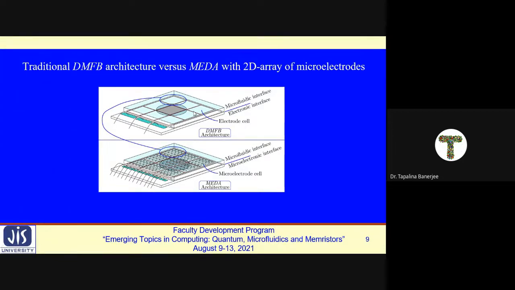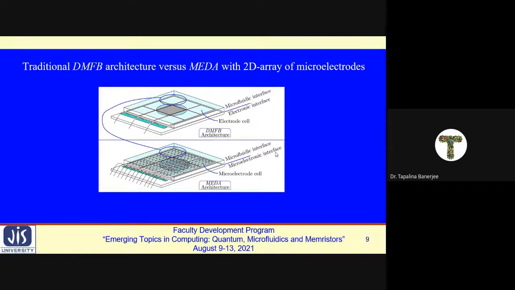In both of these cases, you can see there are two layers, two interfaces. One is the microfluidic interface and the electronic interface in the case of DMFB, and in the case of MEDA, along with the microfluidic interface, it consists of a microelectronic interface.